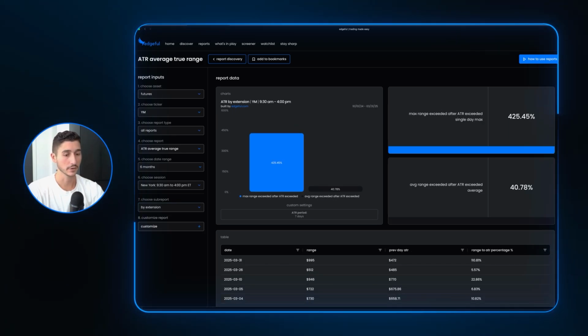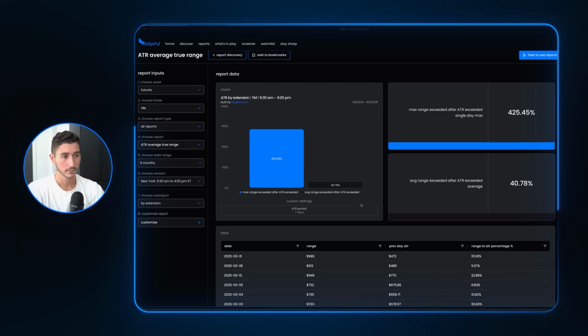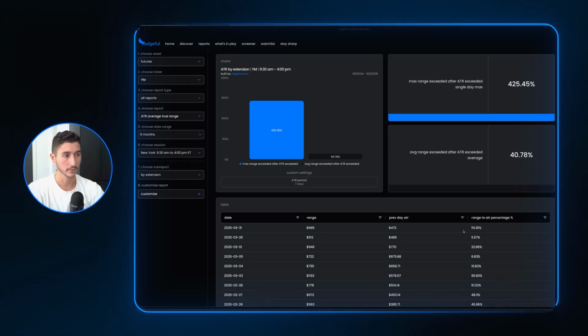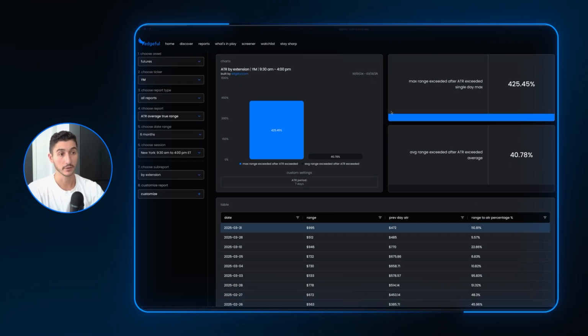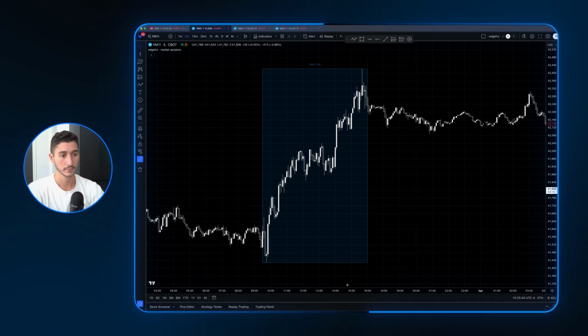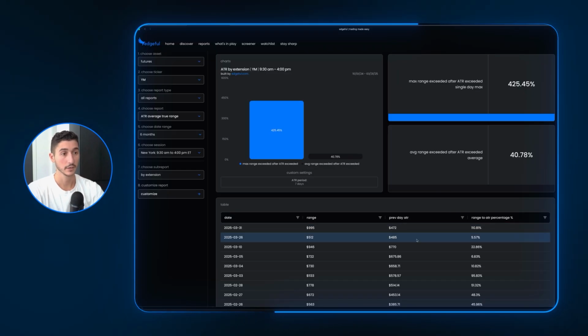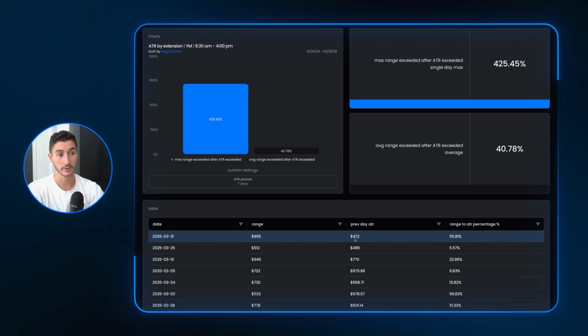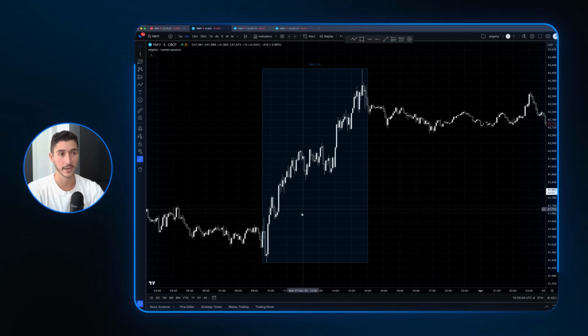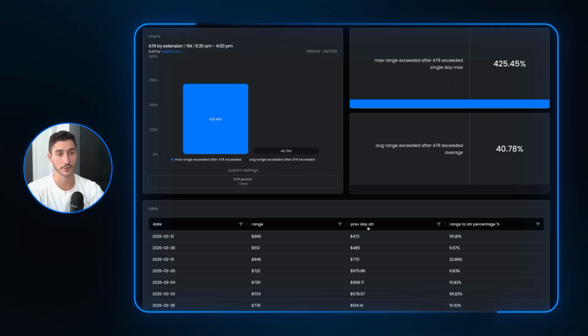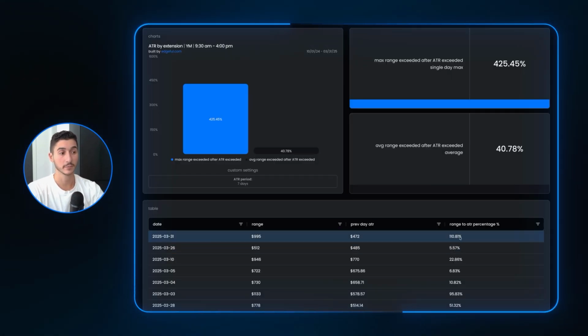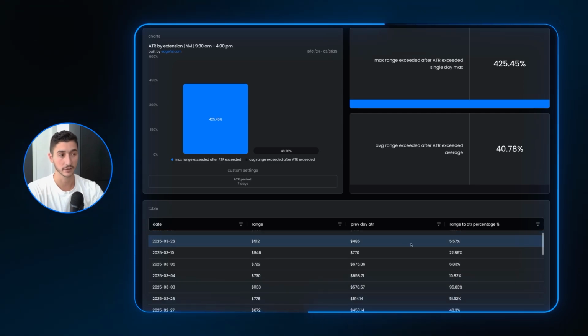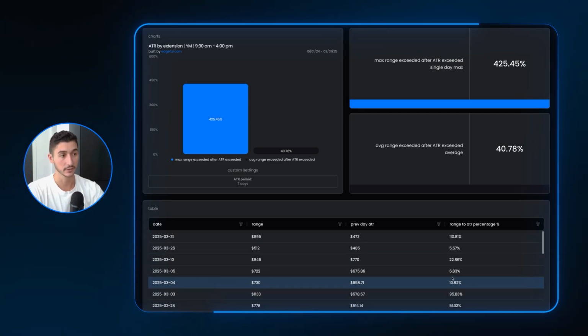You can see right down here, yesterday, or March 31st, which was this day here, exceeded by 110%. So the previous day's ATR was 472. Obviously, this is not considering this 1,000-point move. So right here is where you're going to see it went 110% of the previous day's ATR. And you can see each of these days here.